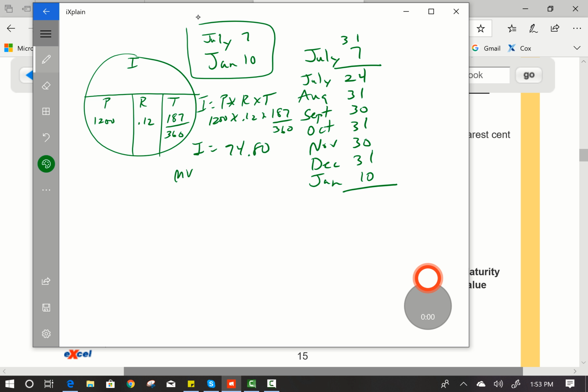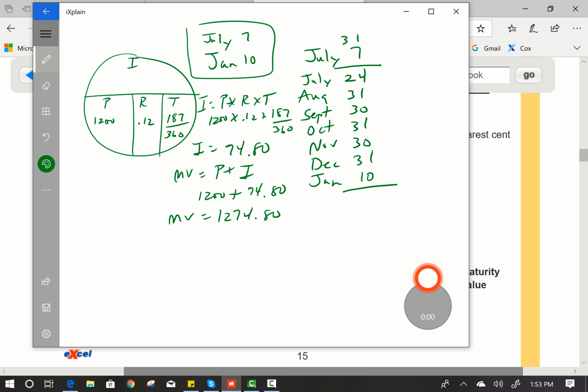And the maturity value is principal plus the interest. The principal is $1,200 plus the interest of $74.80 equals your maturity value of $1,274.80.